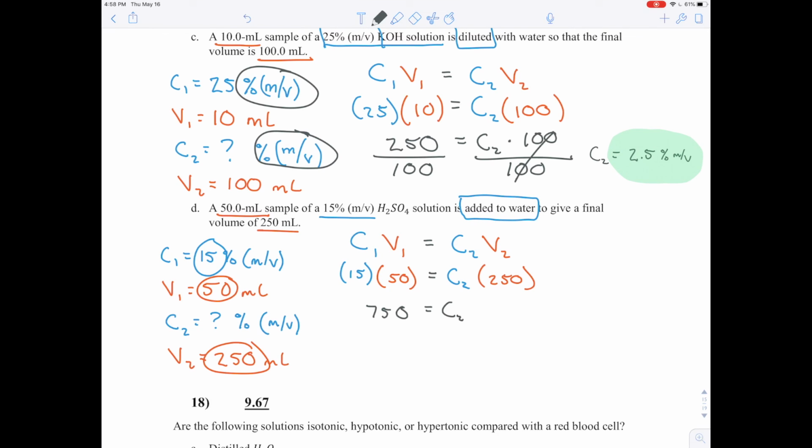And that equals C2 times 250. So we want the C2 by itself.